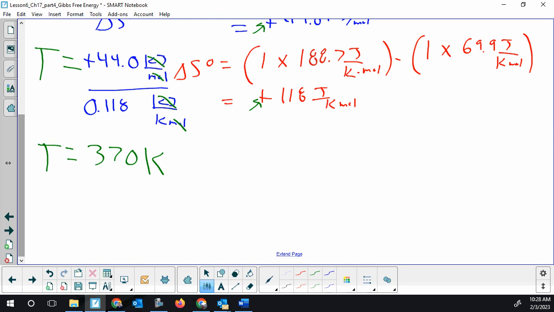Now, when you convert this to degrees Celsius, because that's what we're used to, I get 97 degrees Celsius. And the true answer is that 97 degrees Celsius or greater is the temperatures at which this would be spontaneous.